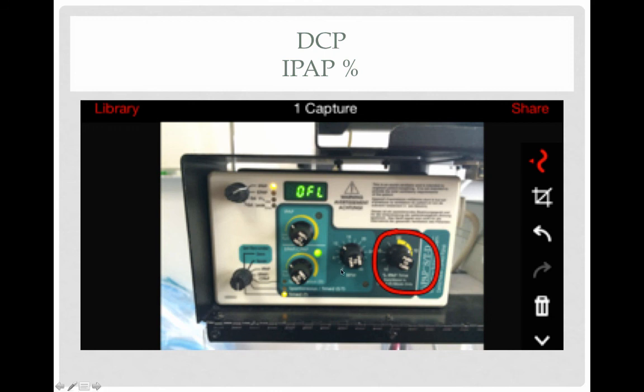We'll work on this some more in class, but one way to think about this is if you have breaths per minute set at 10, that would give you a total inspiratory cycle time of 6 seconds. If you had IPAP percent at 50%, that would mean 3 seconds of your breath would be at the IPAP pressure and 3 seconds of the breath would be at the EPAP pressure.